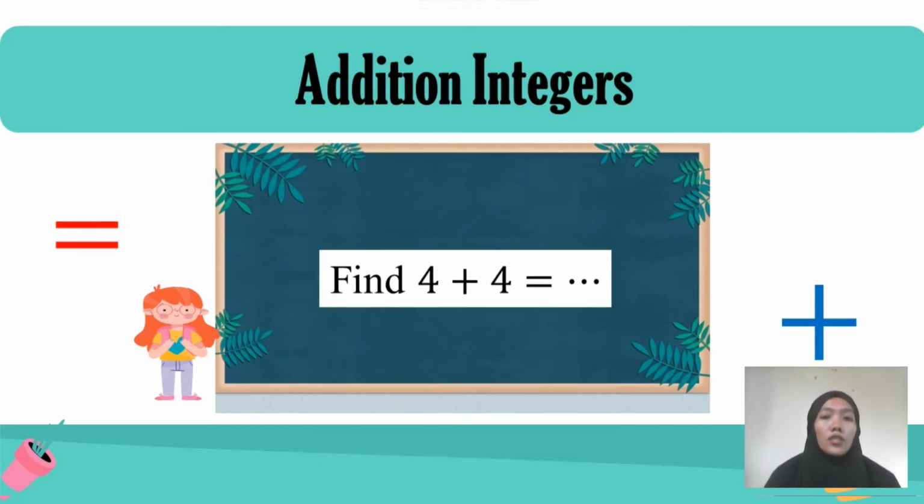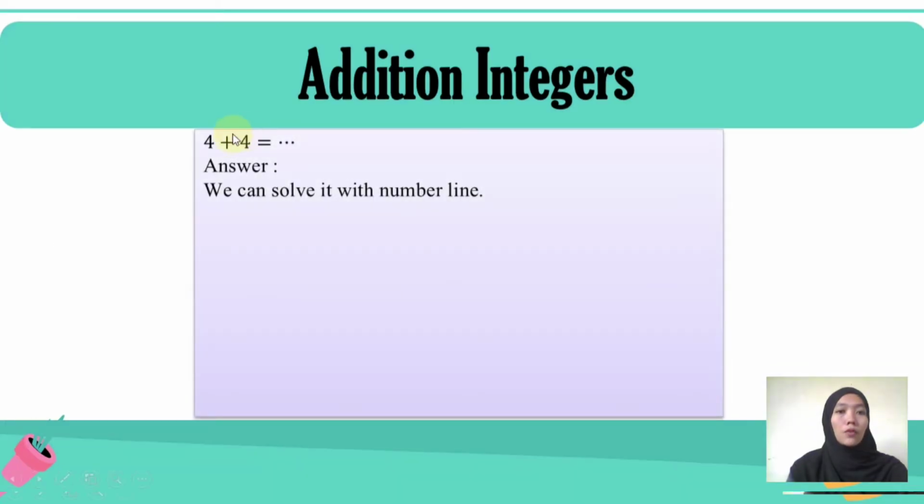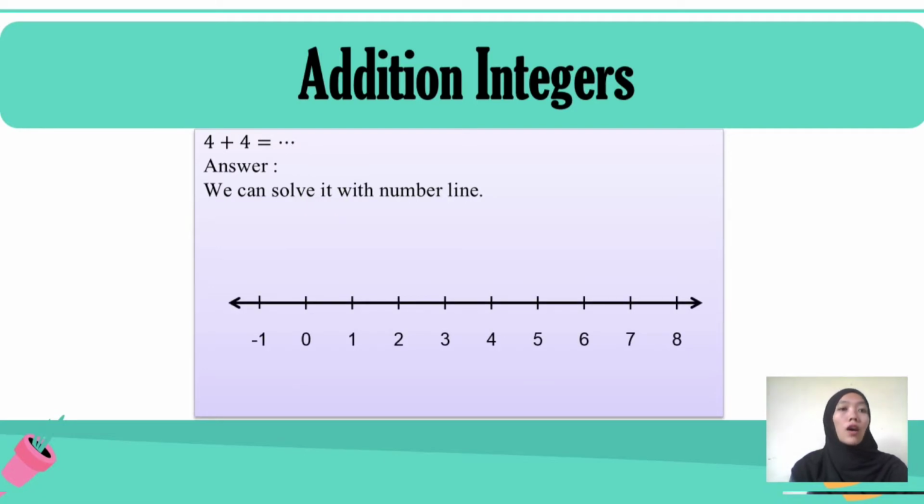This is an equation. Find 4 plus 4 equals blank. For the answer to this question, we can look at the next slide. The question is 4 plus 4 equals blank. We can solve it with a number line. Look at the number line below. We know that positive integers are to the right of 0 and negative integers are to the left of 0.